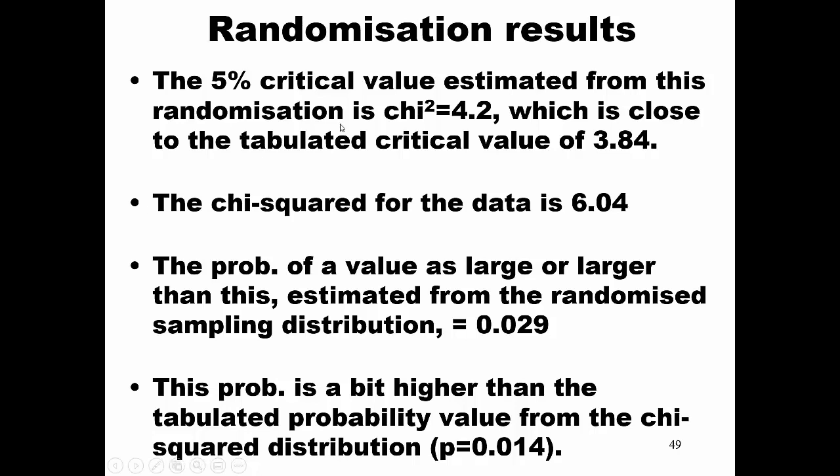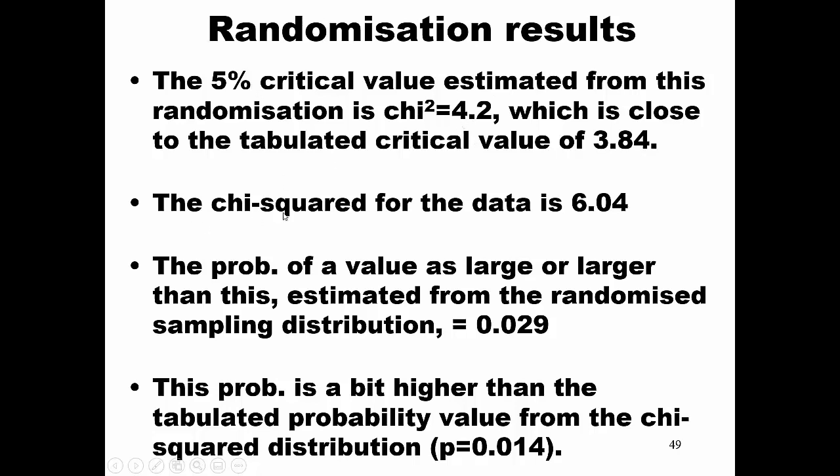What do we get from this randomization? The 5% critical value estimated from our randomization is a chi-squared test value of 4.2, and actually this is pretty close to the tabulated critical value of 3.84. That's what the chi-squared distribution, 5% for 1 degree of freedom, lies above a score of 3.84. In our resample distribution, 5% of that resample distribution lay above a value of 4.2.